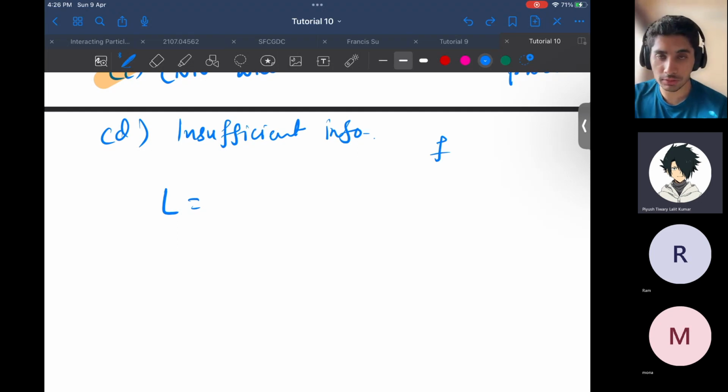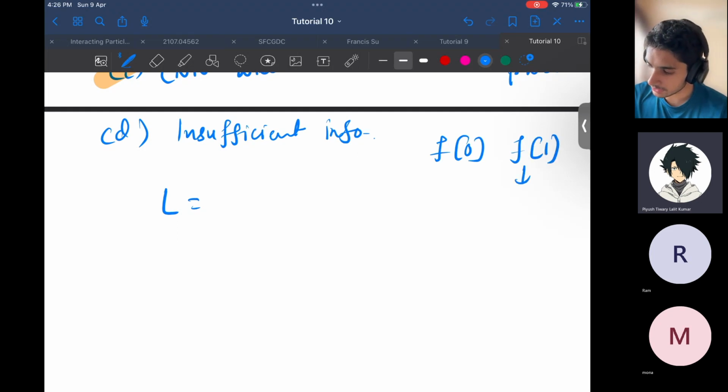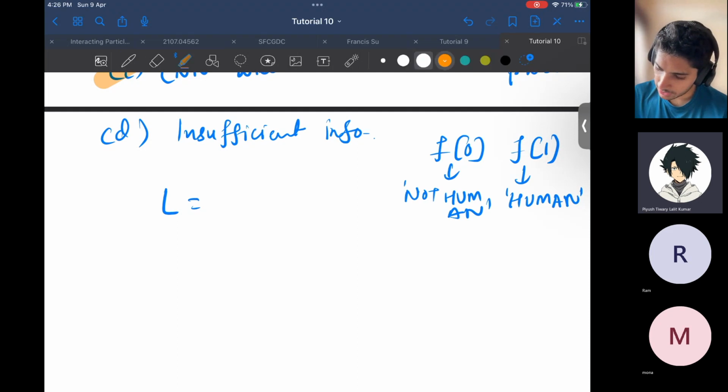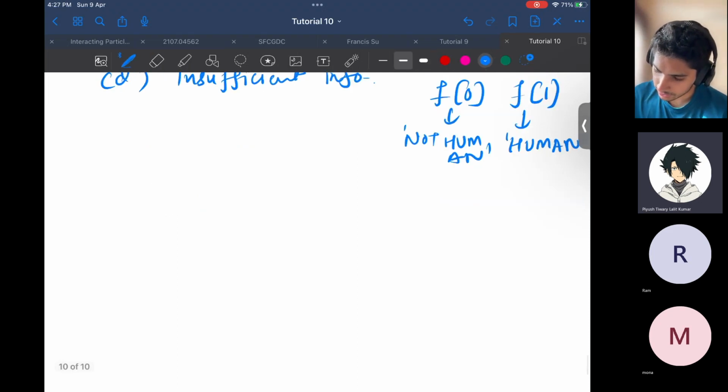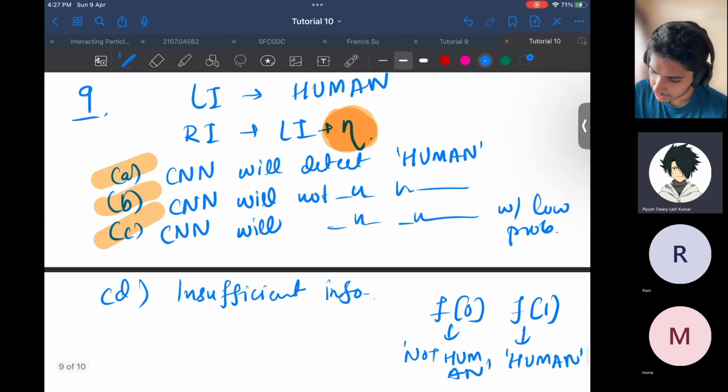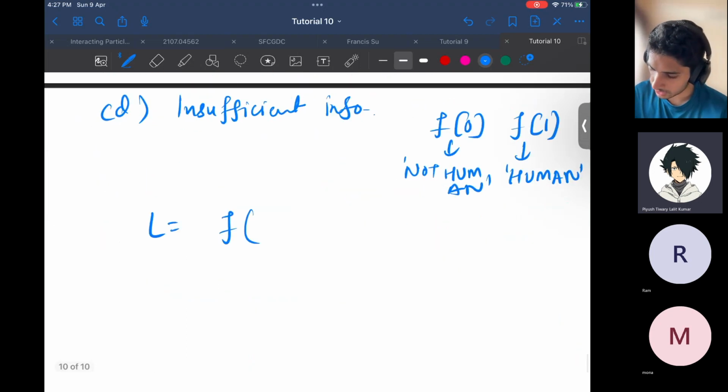Let's say there are two outputs of this network, f0 and f1. f1 basically says human, and f0 basically says not human. All right, so let me construct an eta like this. Let the left image be I, and let me use I plus eta.